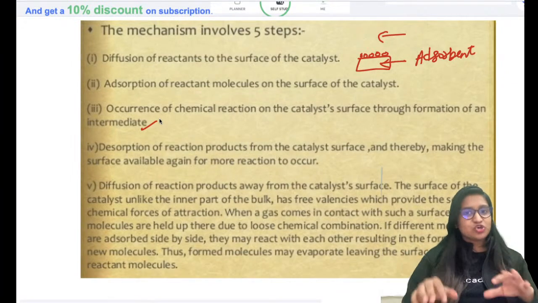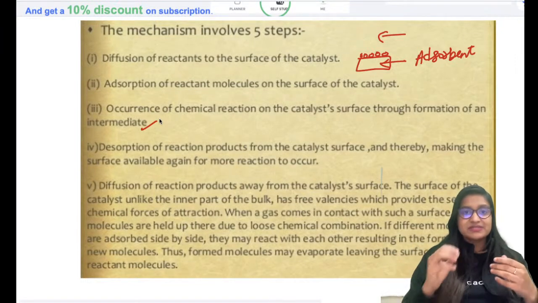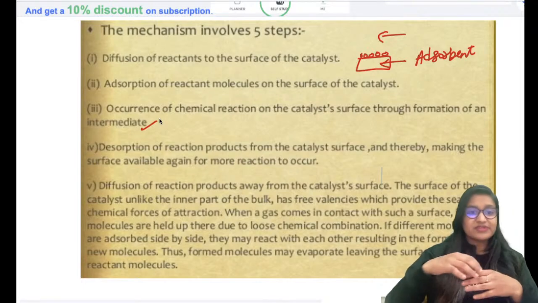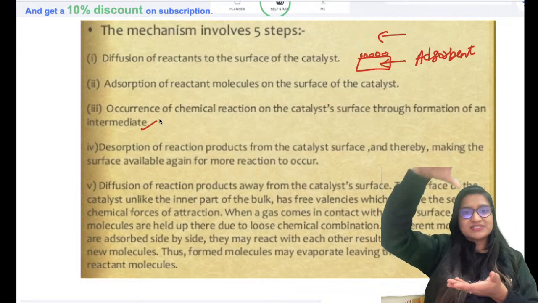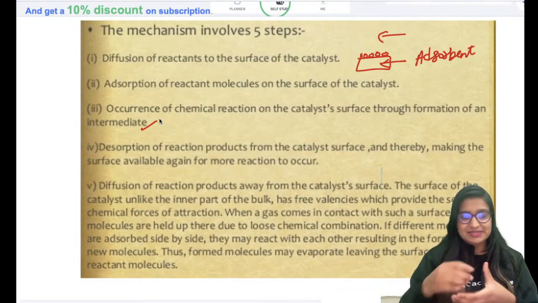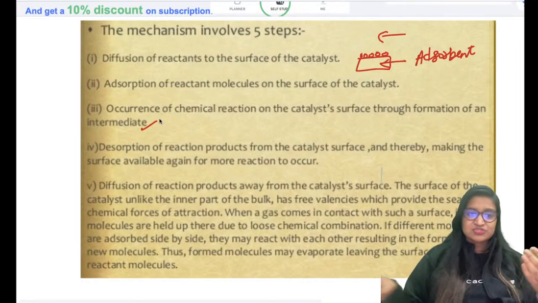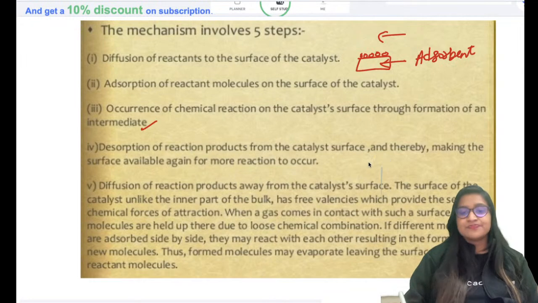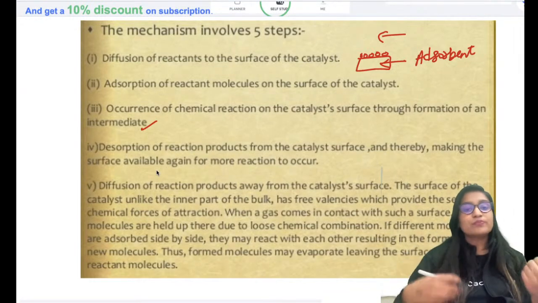Now the adsorption has happened, and the reaction has happened. Now desorption will happen, such that the reaction products leave the surface of the catalyst. Desorption of reaction products from the catalyst surface makes the surface available again for more reaction.